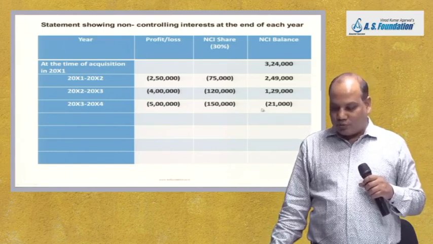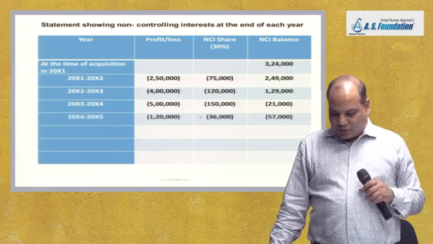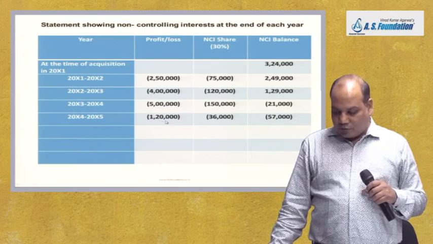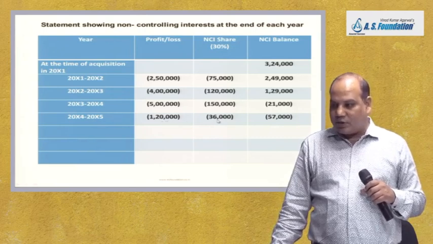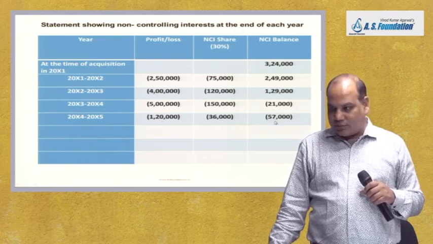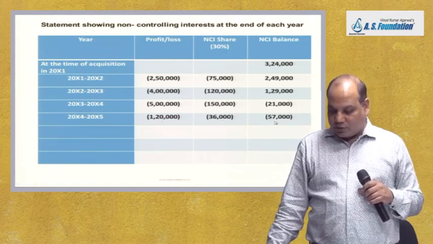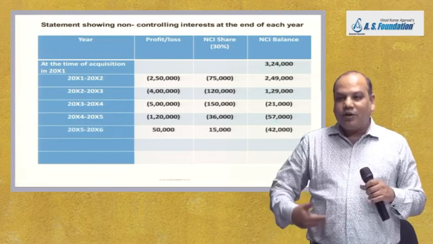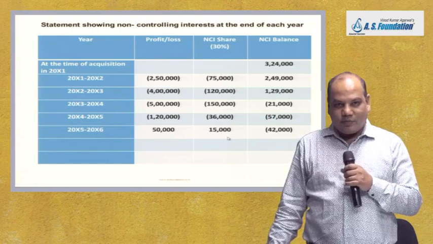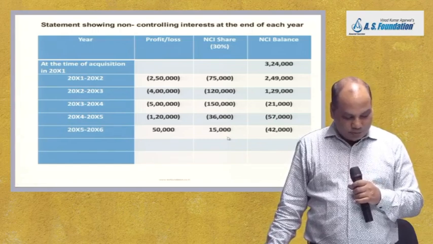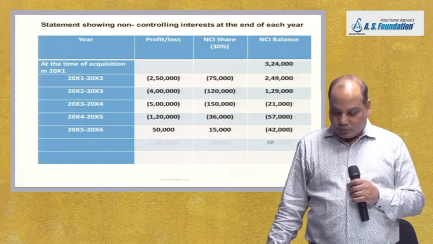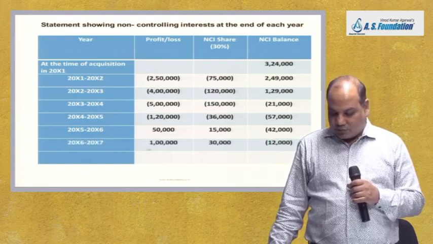Negative balance is also okay. Okay. 2004-5, 1,20,000 loss, 30%, 36,000. NCI balance minus 57,000. 2005-6. Now there is a profit. 50,000, 30%. Positive 15,000. Therefore NCI balance minus 42,000. 2006-7.